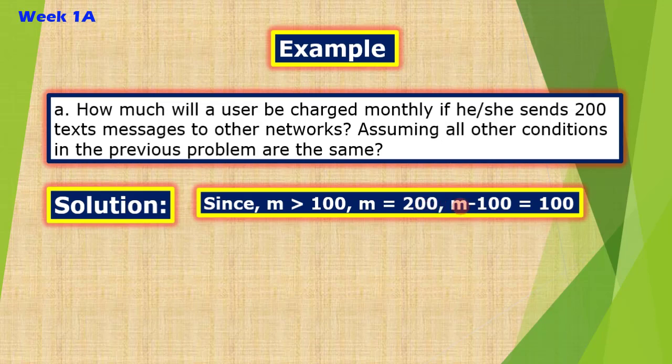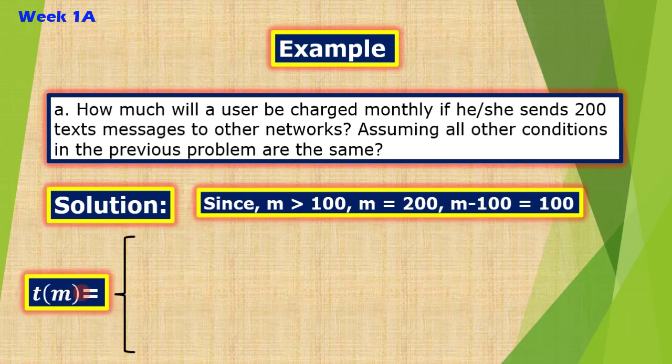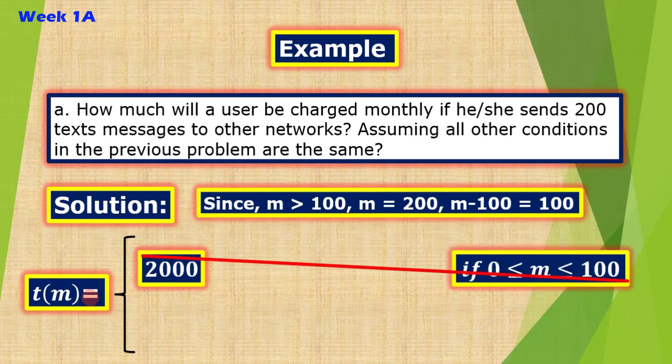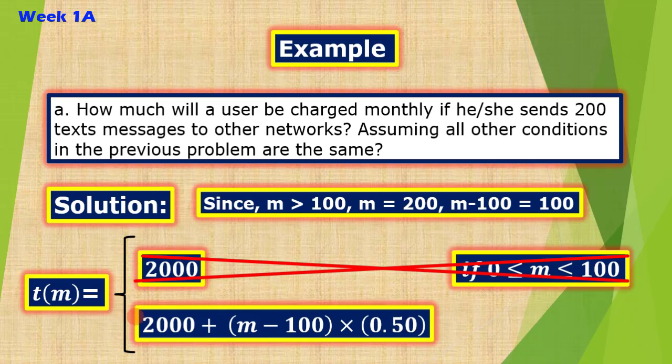We have here M minus 100 equals 100. So we can use T of M, let's recall the piecewise function earlier. We cannot use the first one, which is the constant function, because M in this case is 200.